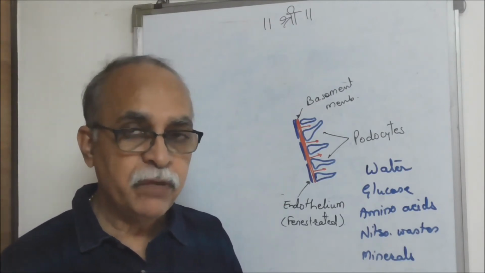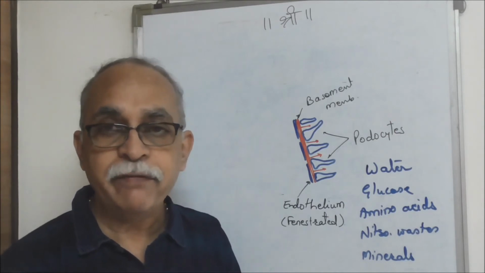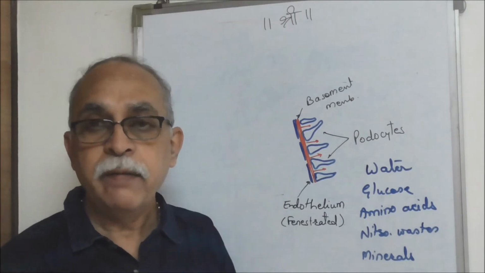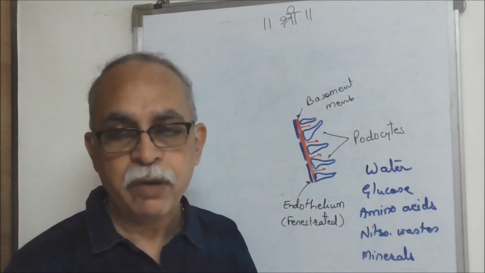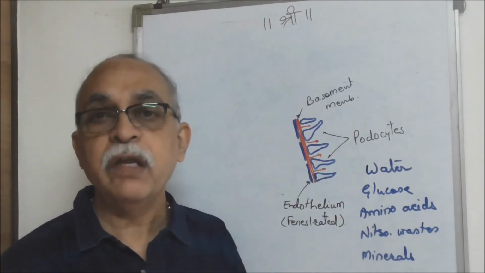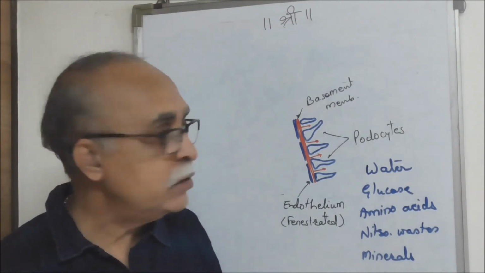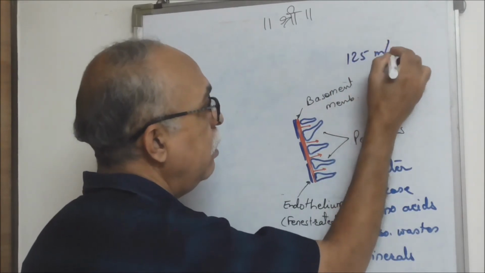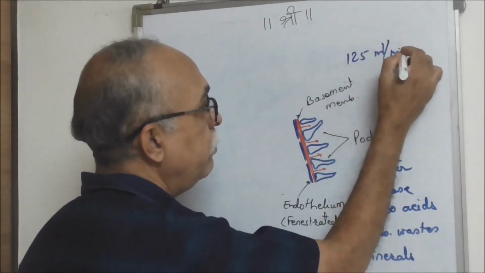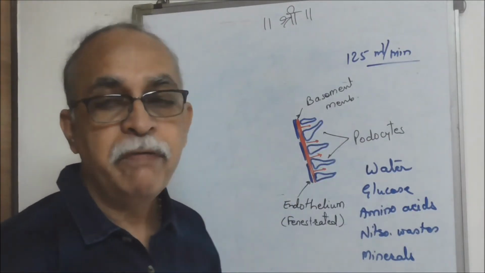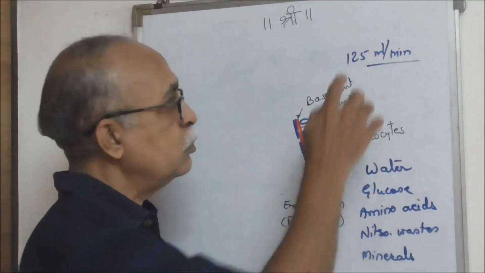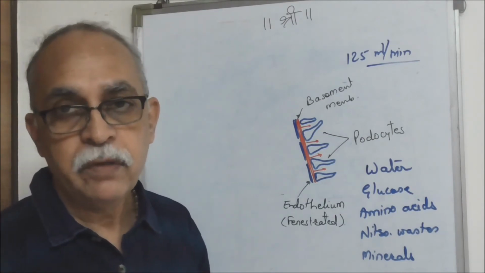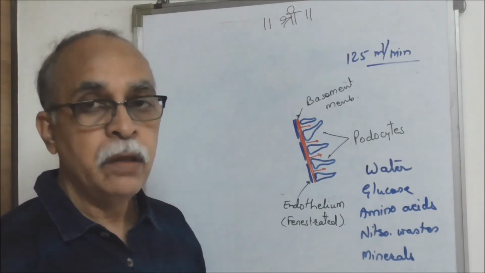As mentioned earlier, every minute around 625 to 650 milliliters of blood, and when I say blood, it's majorly plasma, would be passing through the kidneys, out of which around 125 ml per minute would be filtered out. This is called the glomerular filtration rate, GFR, 125 ml per minute.